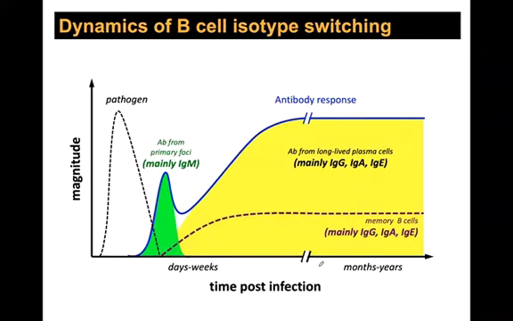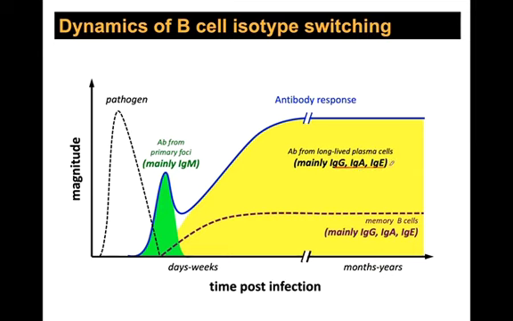When we look at the isotypes that you get, in the primary foci response you're mainly getting IgM, because what you're trying to do is further enhance the activation of the response. You're trying to get more cells into the response by complement activation. On the other hand, the second wave of the antibody response is after the B cells have undergone isotype switching, and so you get mainly IgG, IgA, or IgE.